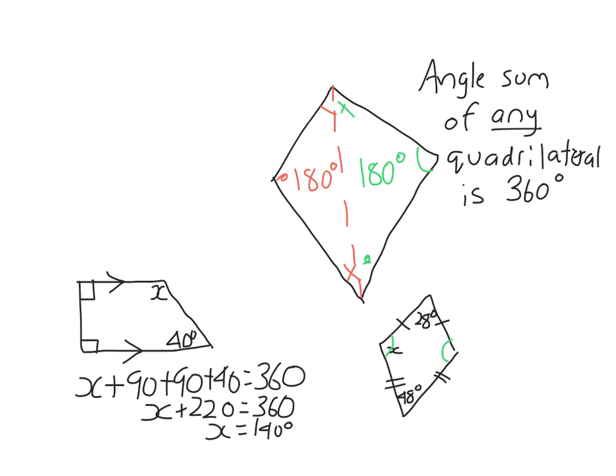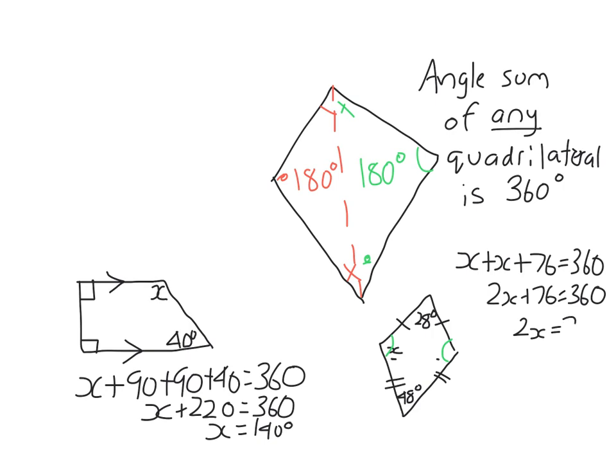So we know that x plus the other angle that's equal to x, so this angle plus this angle, plus 28 plus 48, which is 76, must equal 360. So lucky we did so much work on equations, because you know how to solve this now. You just subtract 76 from both sides, and then of course you divide by 2. So x would be 142 degrees. How easy is that?